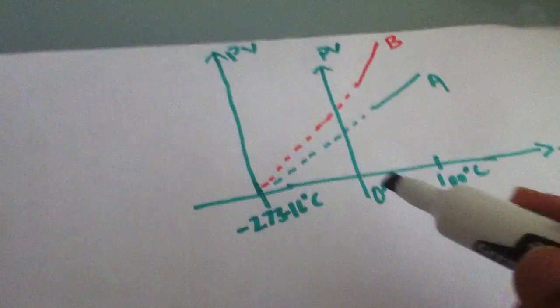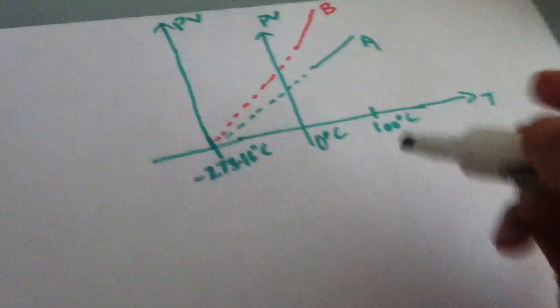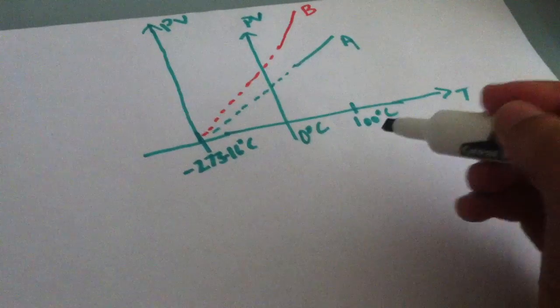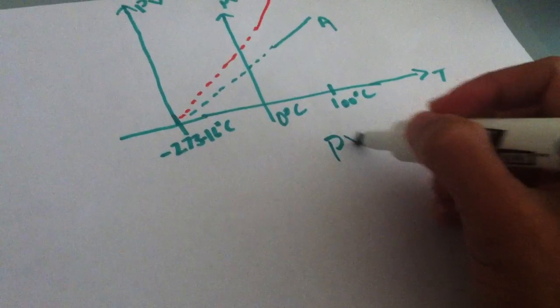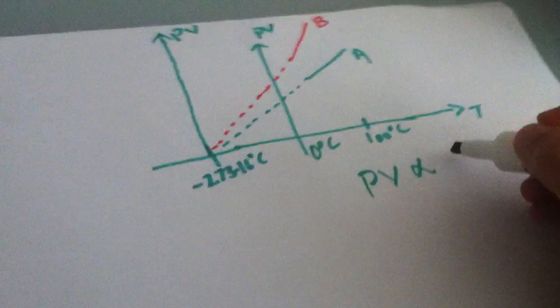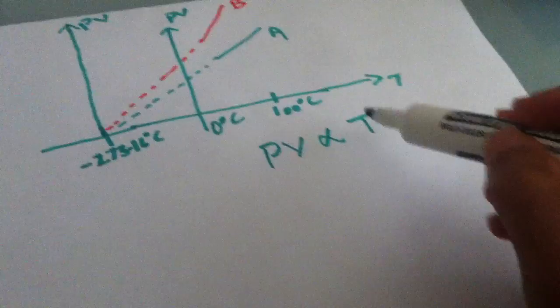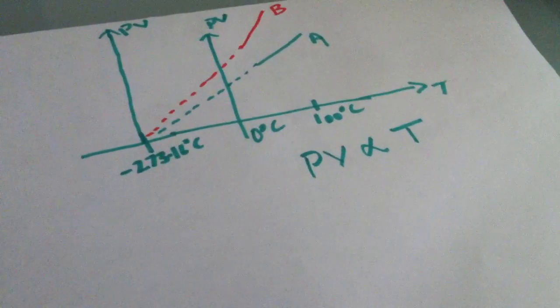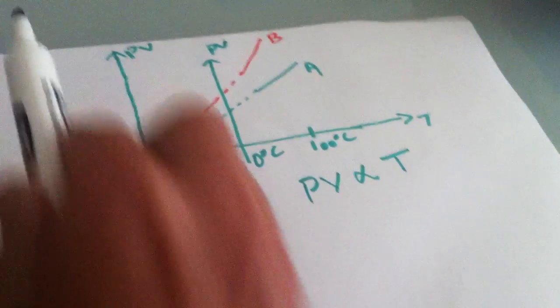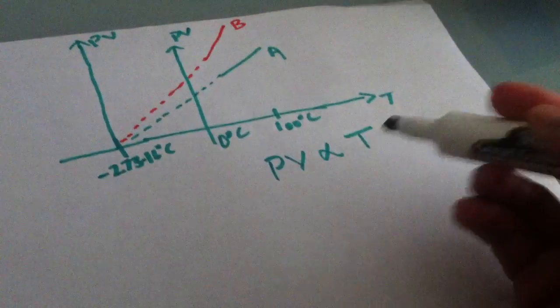And now, since my pressure times volume product is linearly dependent on temperature, I can write a simple expression. My P times V is proportional to temperature, and this temperature I'm talking about is not my old scale, but my new scale, or the Kelvin scale.